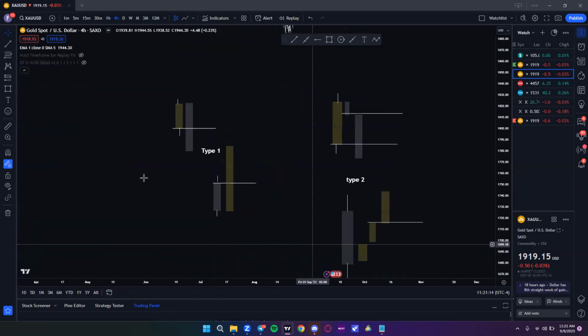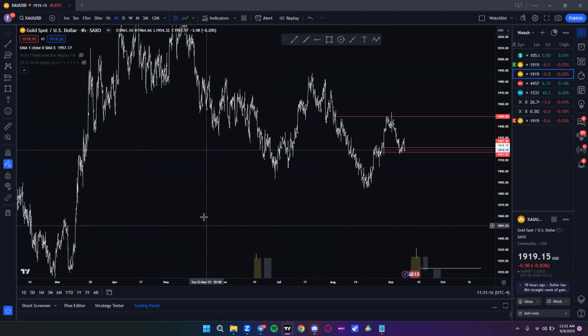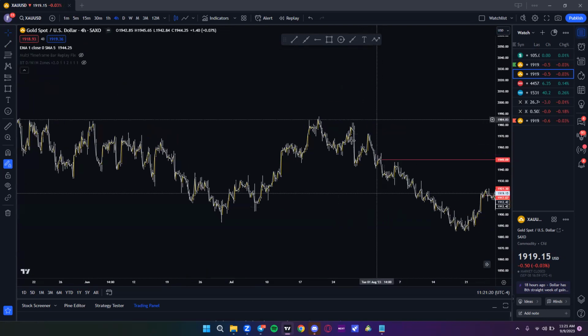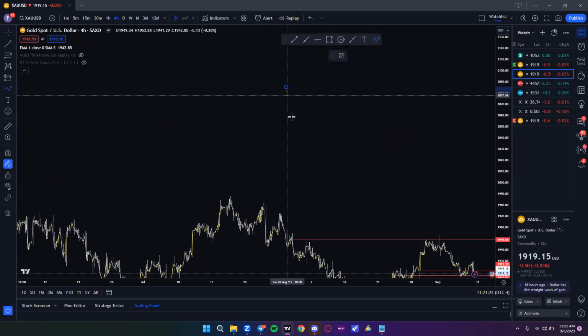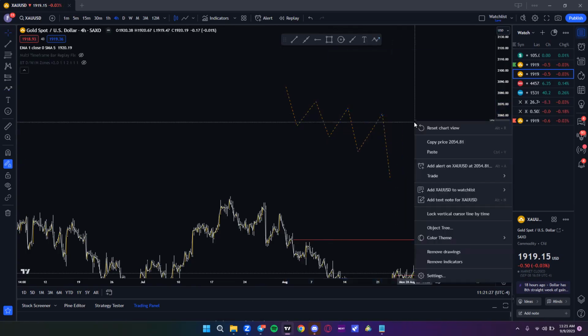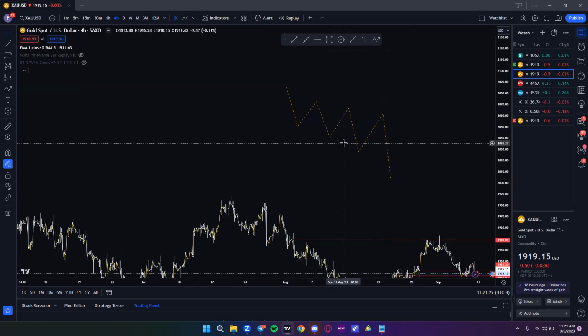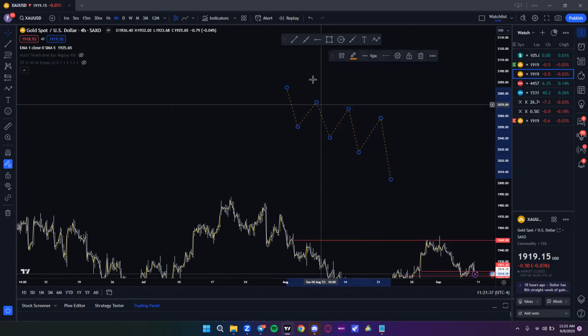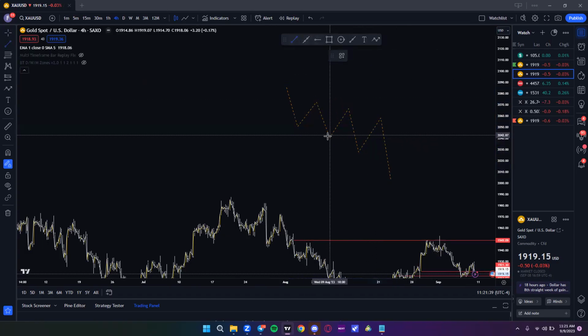Instead of price, usually when you have classical SNR levels, a breakout is signified as when you break just the support level. It's this right here.